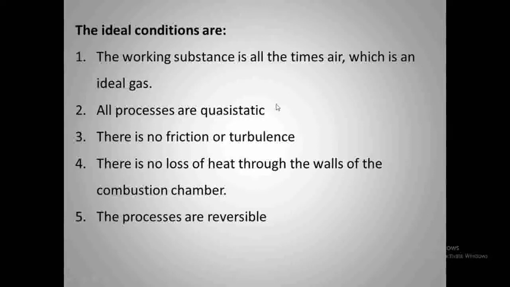The fourth condition is that there is no loss of heat through the walls of the combustion chamber. The fifth one is that the processes are reversible. Every time it is reversible; it can be taken back to the initial condition itself. So by imposing these 5 conditions, we can say that the gasoline engine is an ideal one, and so we can use the concept of the Otto cycle in the case of a gasoline engine.